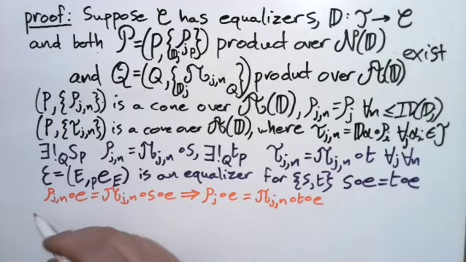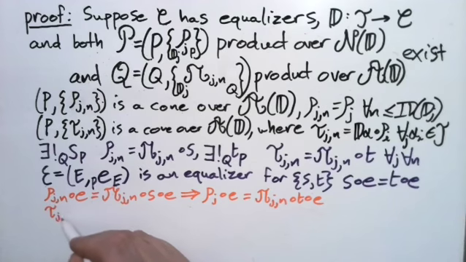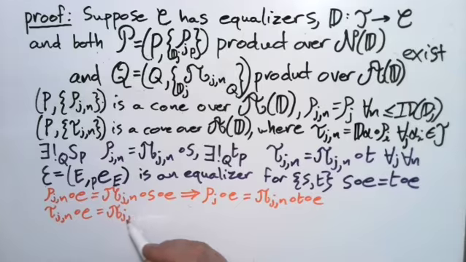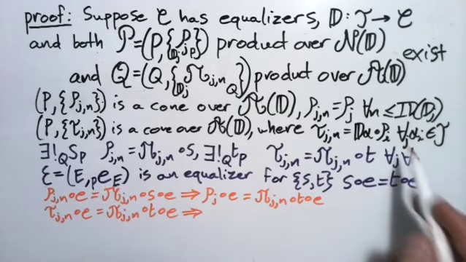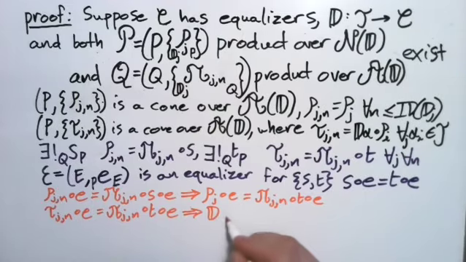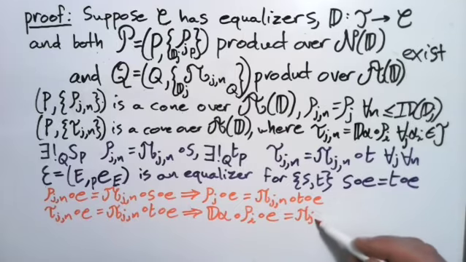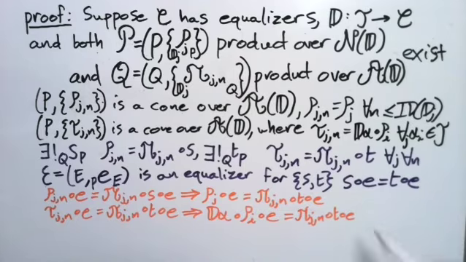So we have that tau j_n after e equals pi j_n after T after e. But if that's the case, well, tau j_n is D alpha after rho i. So this is D alpha after rho i, and that's after e. And this side is pi j_n after T after e.